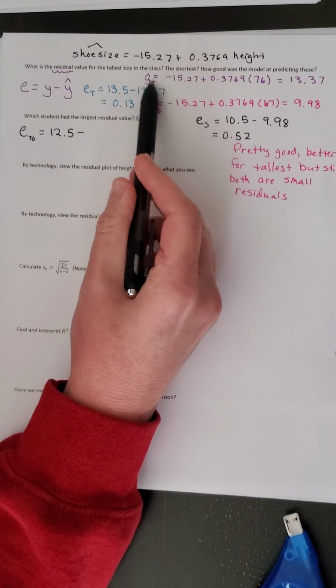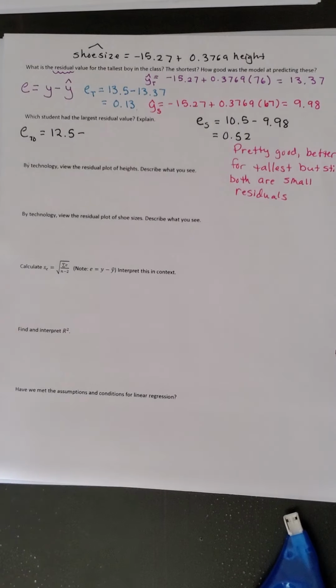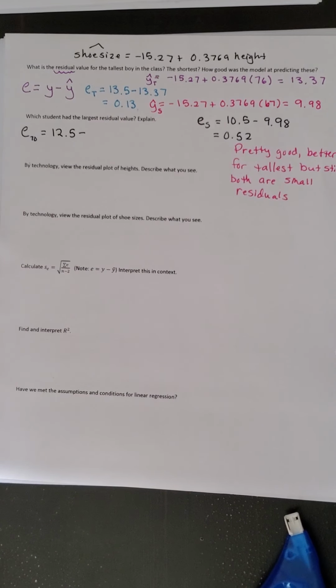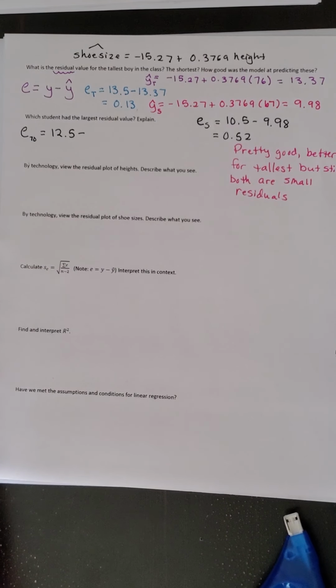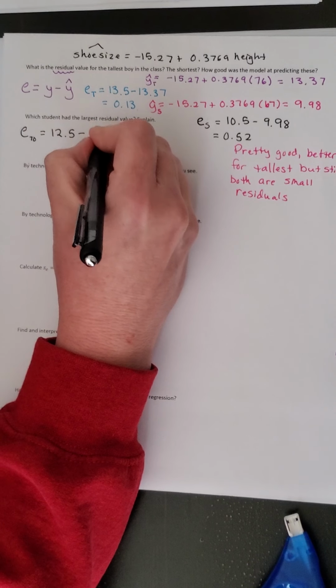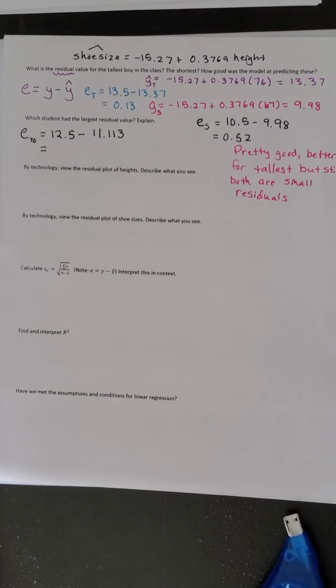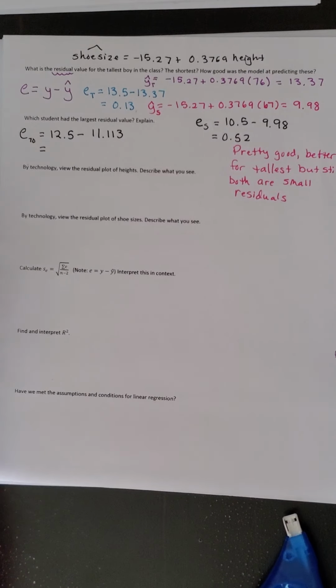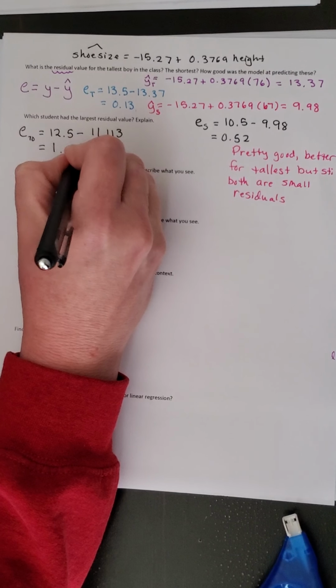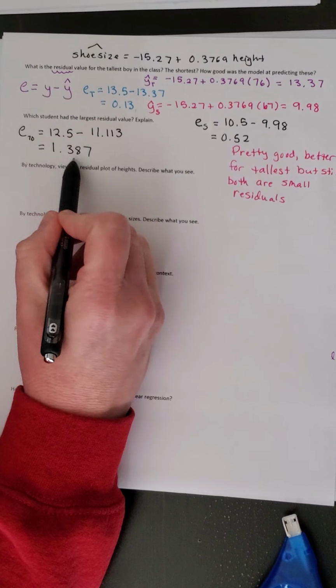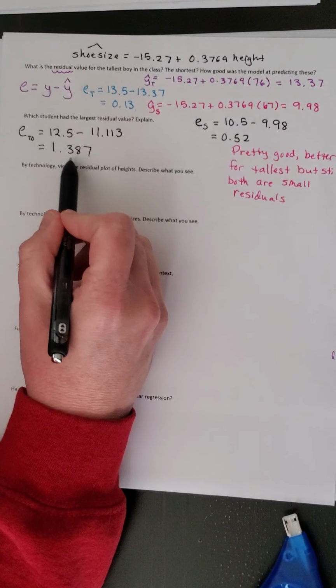So I'm going to calculate his predicted off to the side, which is negative 15.27 plus 0.3769 times his height, which was 70 inches. So this is 11.113. And so his residual value is 1.387. So he's almost 1.5 shoe sizes above the line of fit.